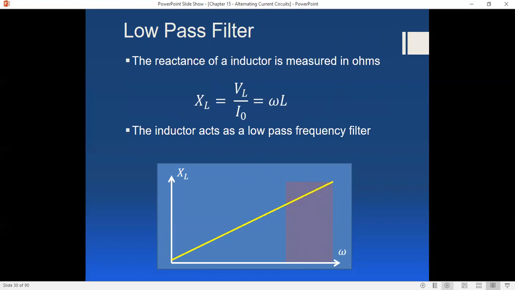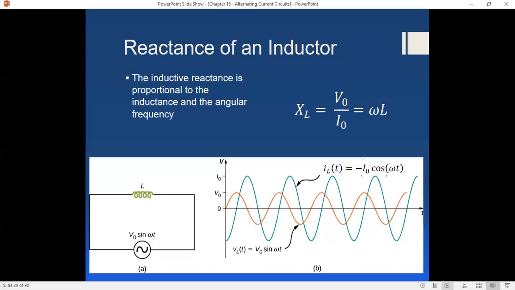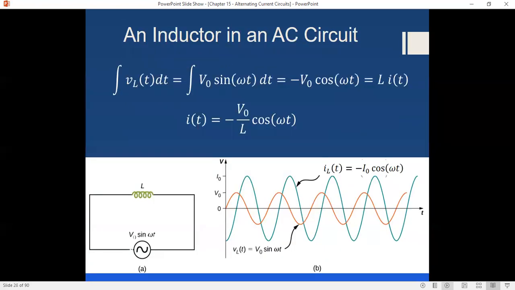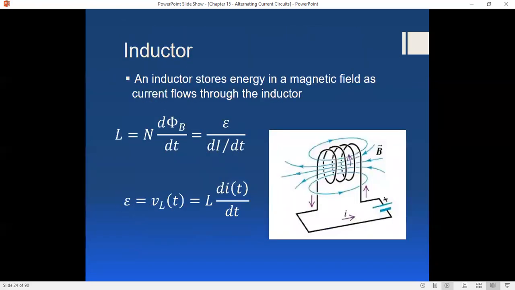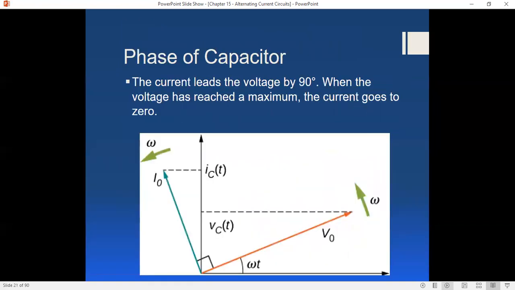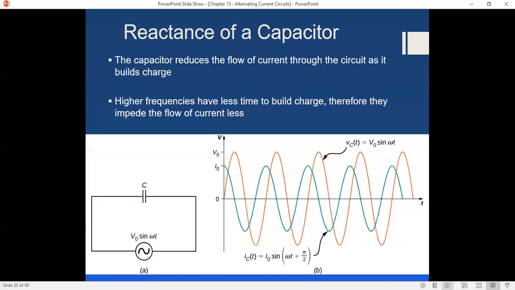So again, to summarize the major points, first of all, this concept of a phasor diagram. The phasor diagram tells you what the current is doing with respect to the voltage. It's an easier way to picture what's going on.